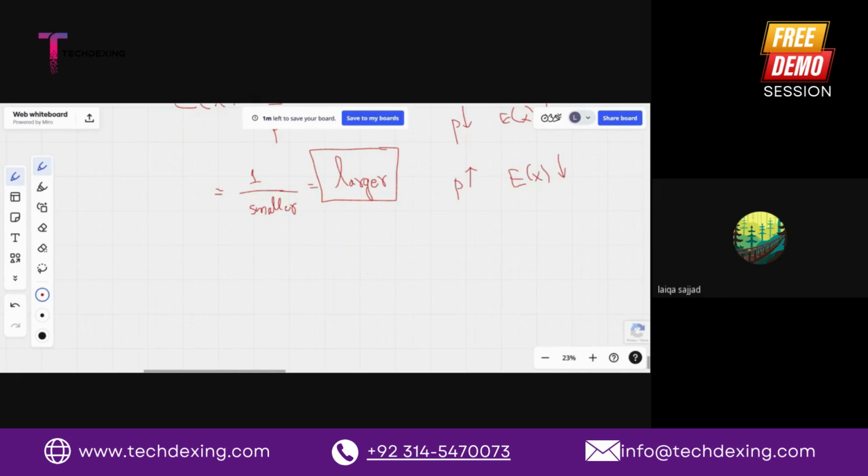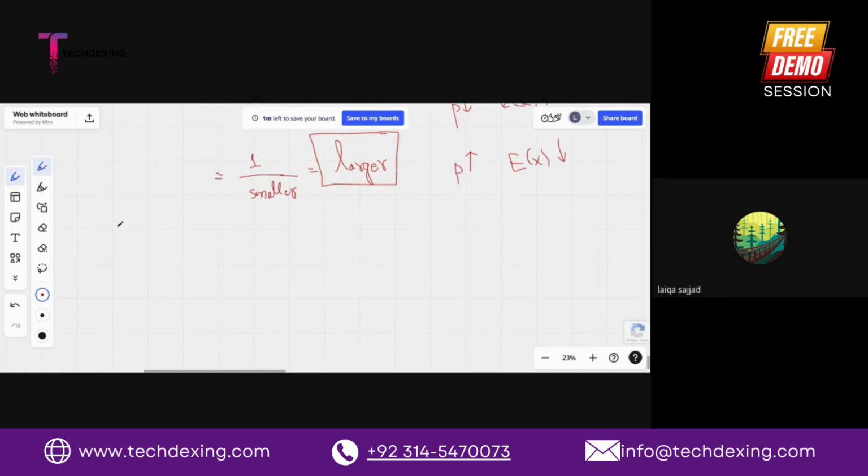Okay. So if we take an example now, it is given in the question that 6% of messages contain an error, and finding the error is the success for us. 6% of messages contain an error, and what's the success for us?